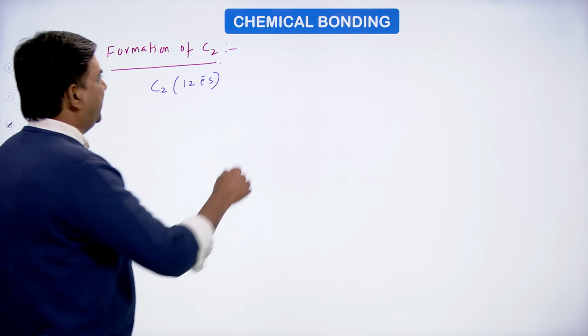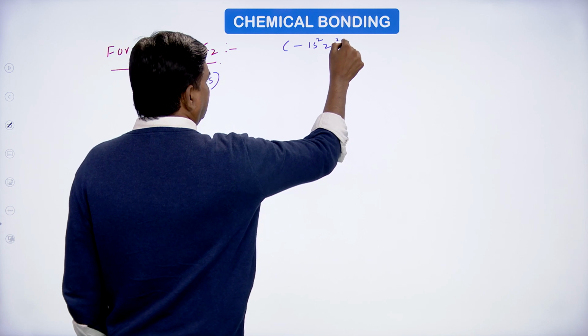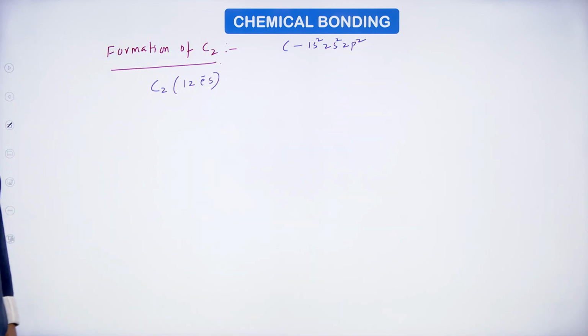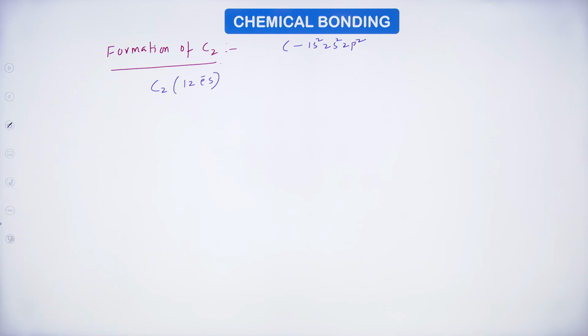And the carbon configuration is 1s2, 2s2, 2p2. So, C2 means 12 electrons.